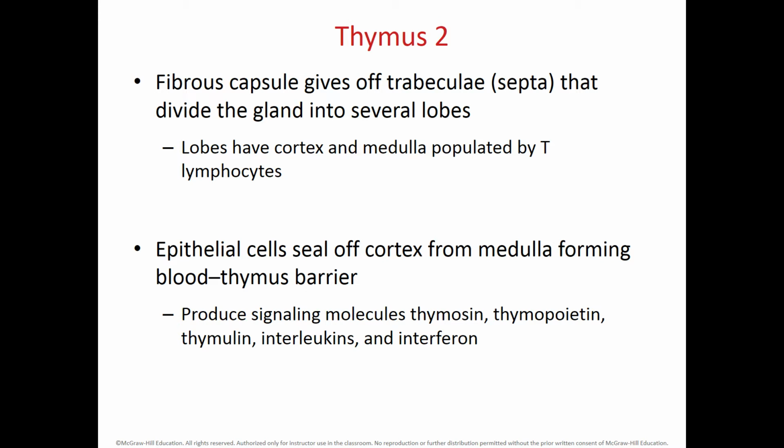This is important because it will help to maintain signaling molecules like the hormones thymosin, thymopoietin, thymulin, interleukins, and interferon from just diffusing at a gradual rate, so that they can help to mature these T lymphocytes gradually, not so fast.